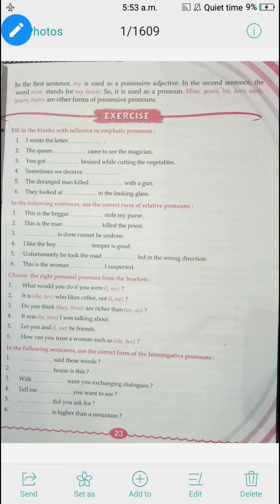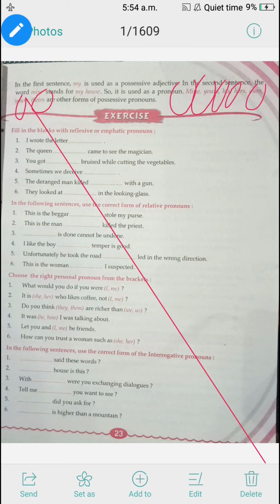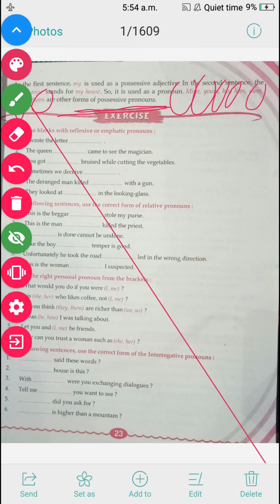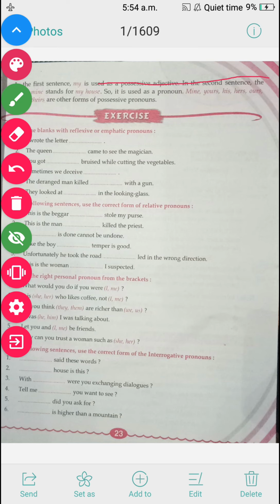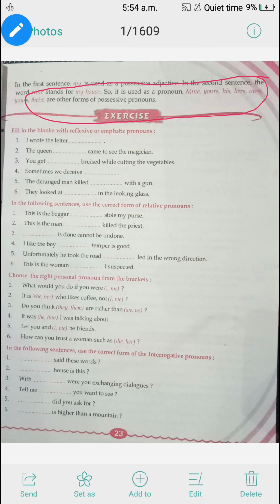So it is used as a pronoun, like mine, yours, his, hers, ours, theirs. So these are other forms of possessive pronoun. These words show possession in something or someone.